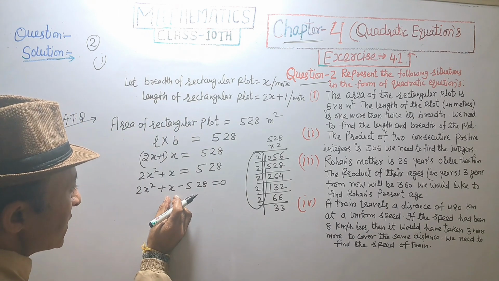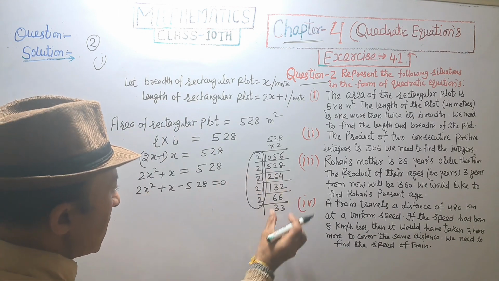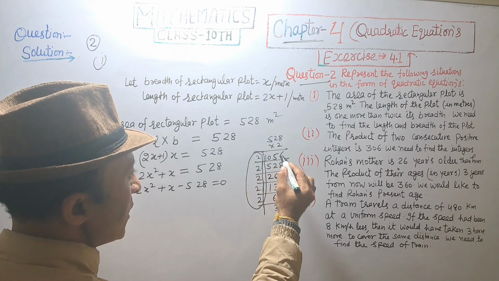Middle term splitting means the product of two numbers is equal to 1056.